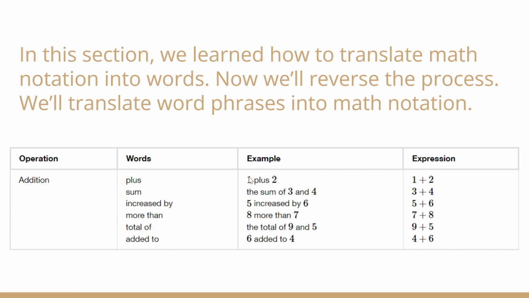Examples are 1 plus 2, or the sum of 3 and 4; 5 increased by 6, 7 more than 8, the total of 9 and 5, 6 added to 4. These are all examples of addition, and it's all plus. So like 1 plus 2, 3 plus 4, 5 plus 6, 7 plus 8, 9 plus 5, and 6 plus 4.